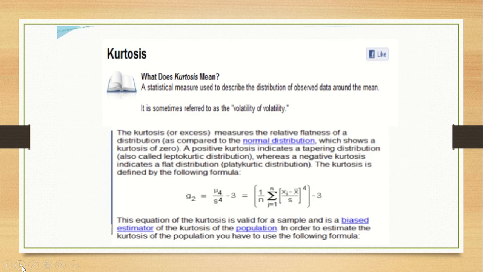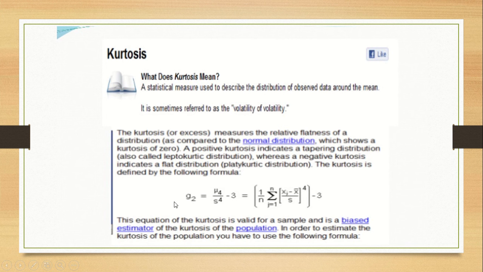Then we have kurtosis. So what does kurtosis mean? This is a statistical measure used to describe the distribution of observed data around the mean. It is sometimes referred to as the volatility of volatility.